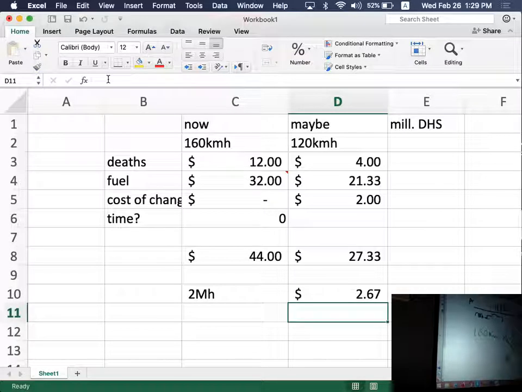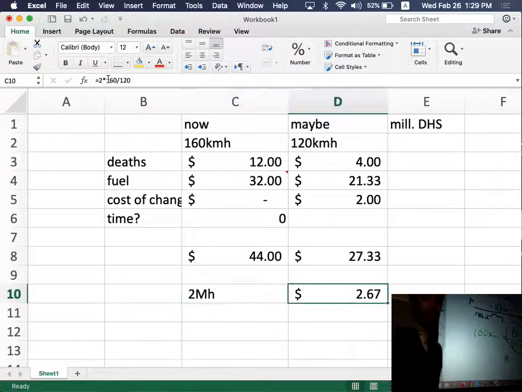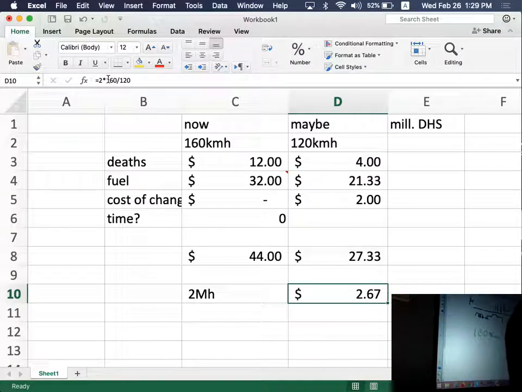How much is this? 1.33, no? Sounds good? Hours. So multiply by 2 million passengers, so that's passenger hours. So it's hours or passenger hours. Got it?